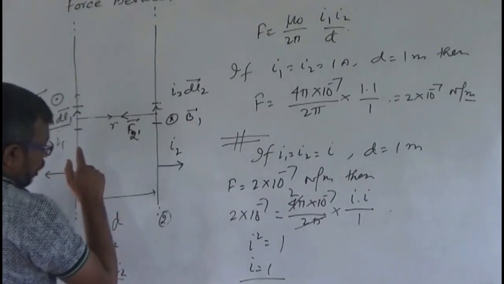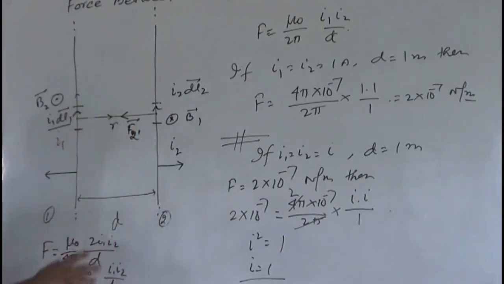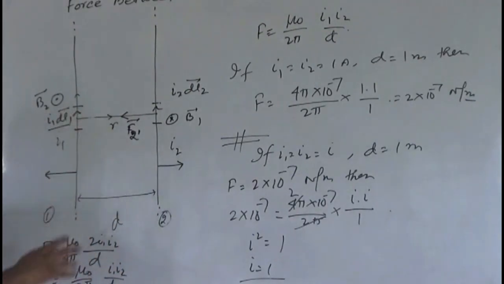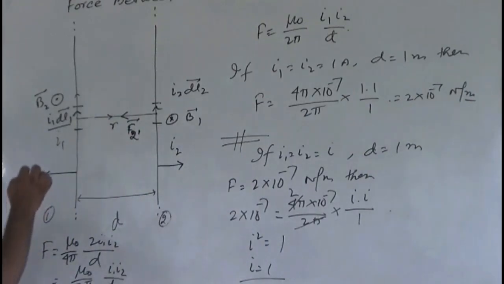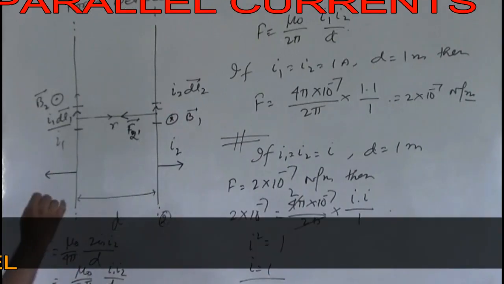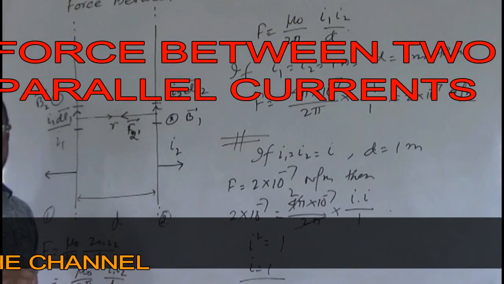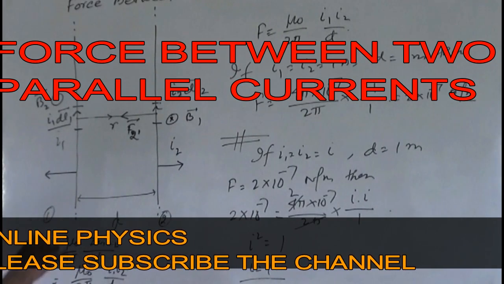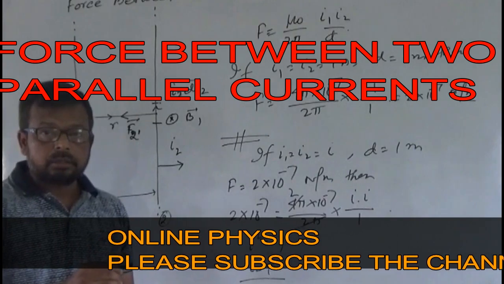Two very long straight parallel conductors separated by a distance of 1 meter in vacuum carry the same amount of current. Then if the conductor experiences a force equal to 2 into 10 to the minus 7 newton per meter, then the current flowing through each conductor is called 1 ampere.